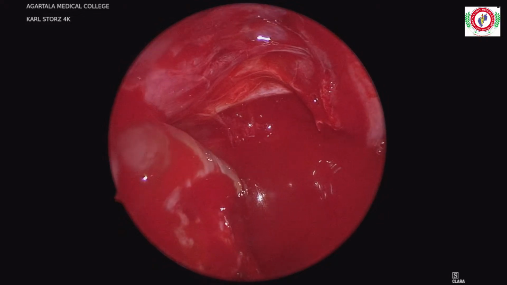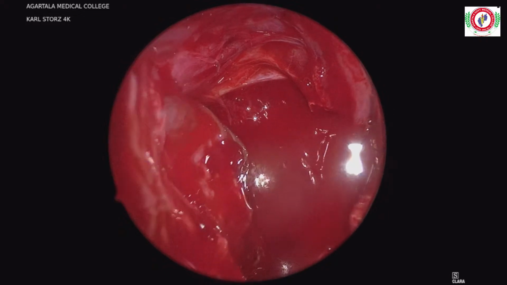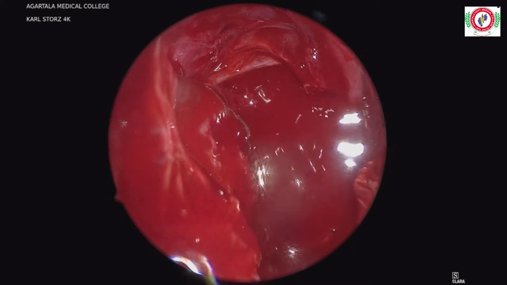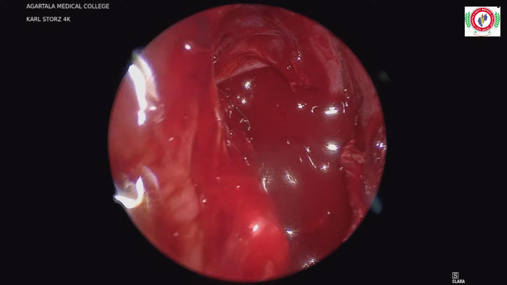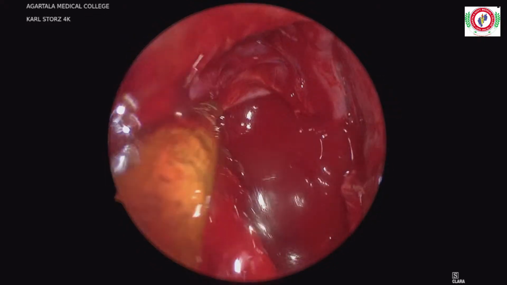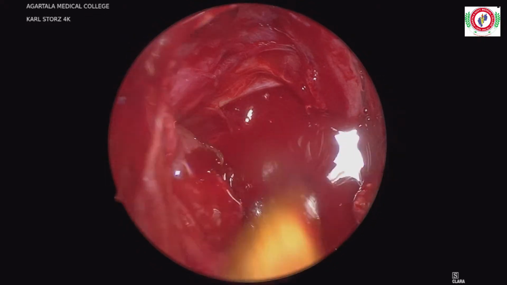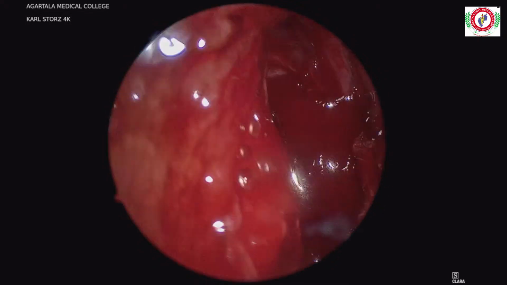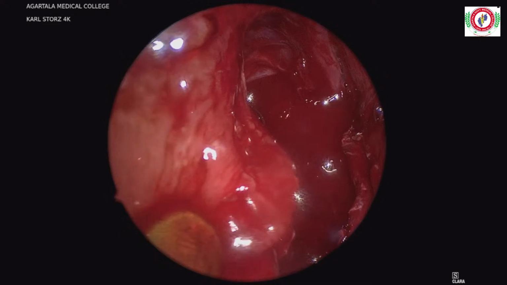Give me a probe. So we are left with this anterior most part. Everything, that probe is not there. Don't do that, give me something.